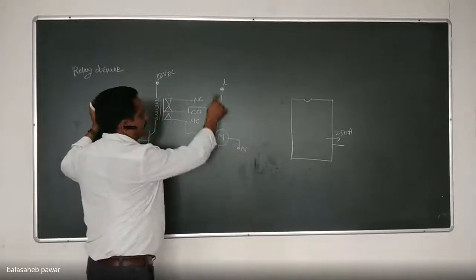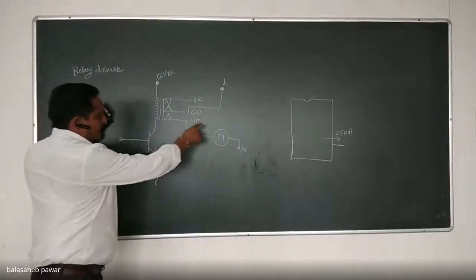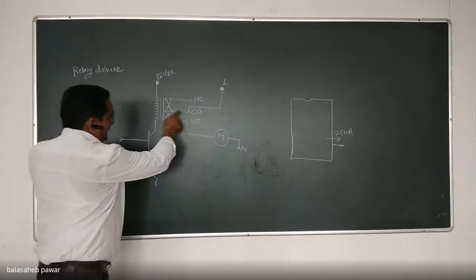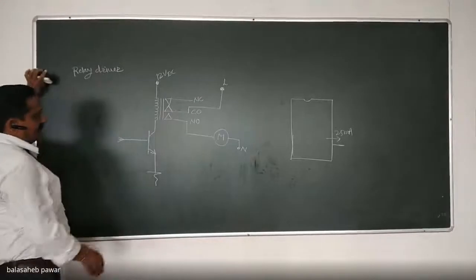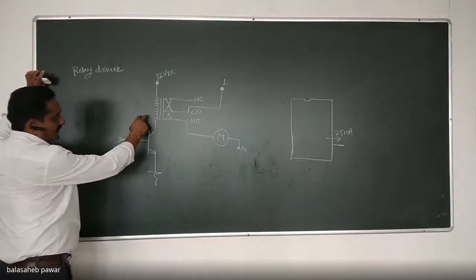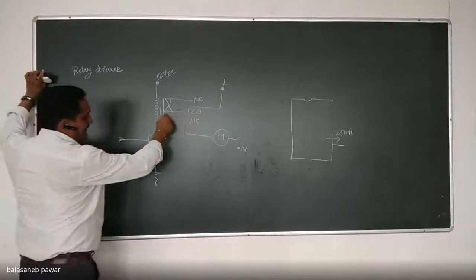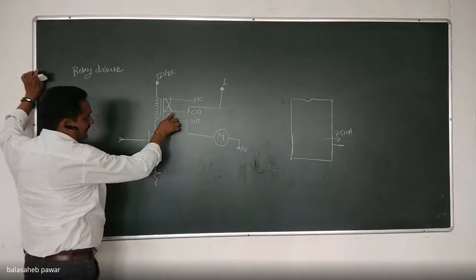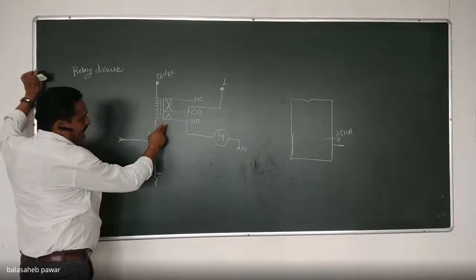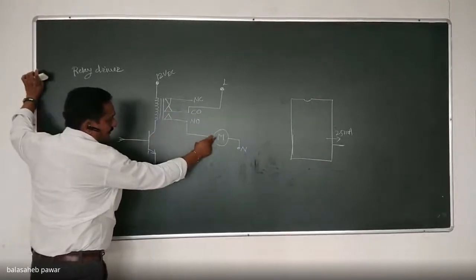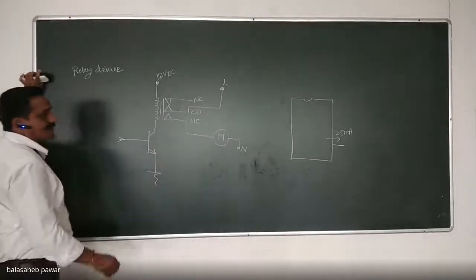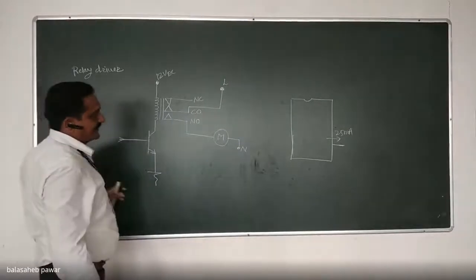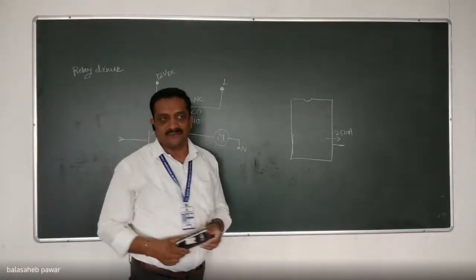That means the motor is connected to the supply voltage, that is 230 volt 50 hertz mains, through this relay. So you will observe when this relay is in off state, that path is open. The live is connected to the changeover, but that changeover is disconnected from the NO terminal, and that NO is connected to the motor, and the second terminal of the motor is connected to neutral.